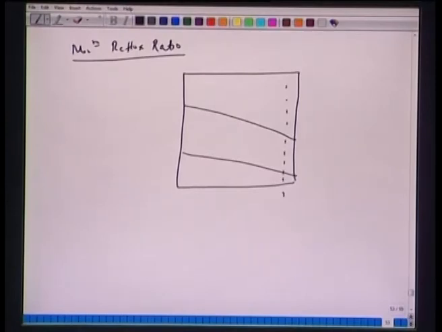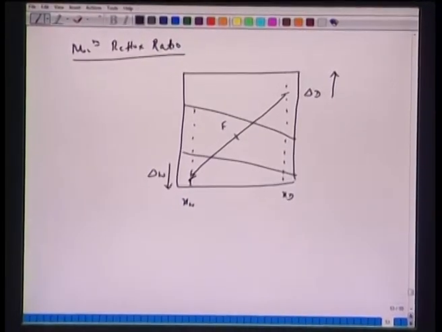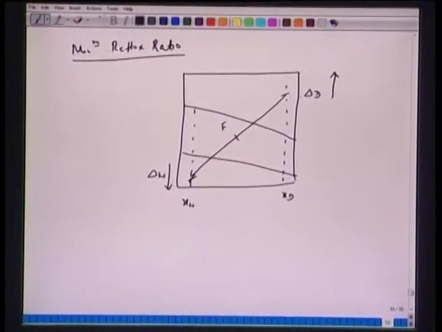So, we have this xD and here we have this xW. Now, we are connecting the 2 points del D and del W through this, passing through this F. So, the first case was when we increase the reflux ratio, this point goes up. Now, what happens if you decrease this reflux ratio? So, now this line will go like this and this del W point will move upward.